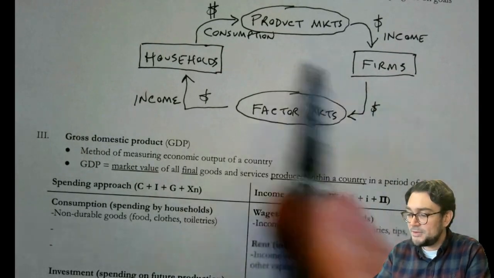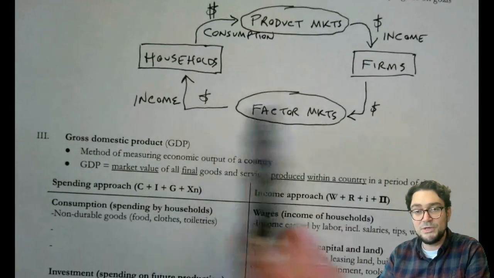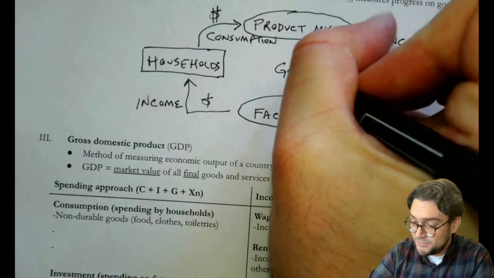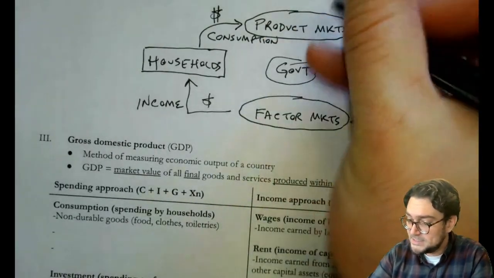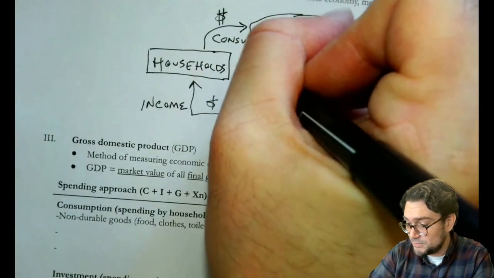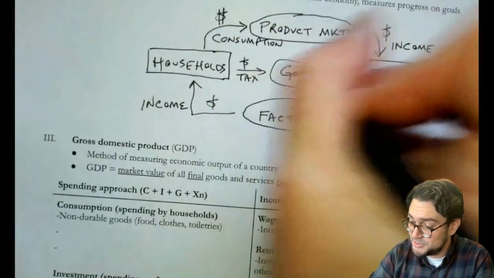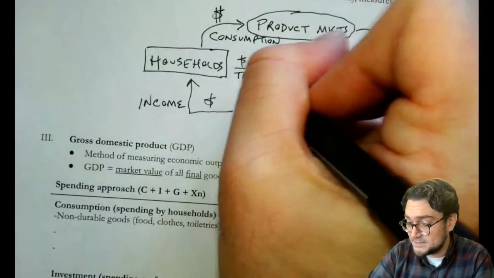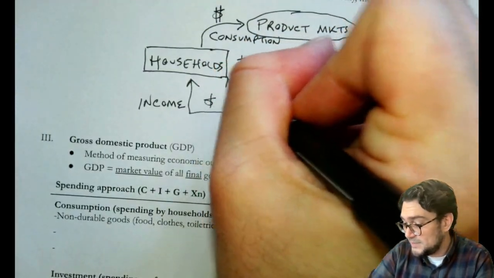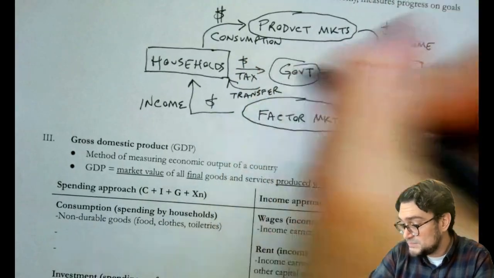Now, in more complicated models of this, we could have, say, the government. Sometimes the government will tax people, so you'll have some money flowing in as a tax, and sometimes you have money that flows out as a transfer, which would be money that the government just gives you.